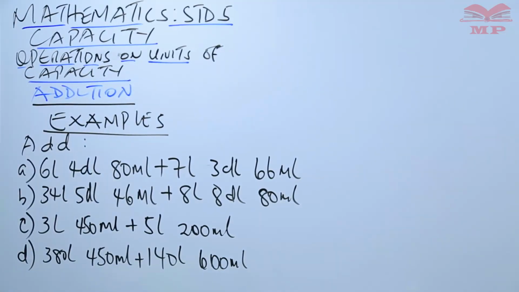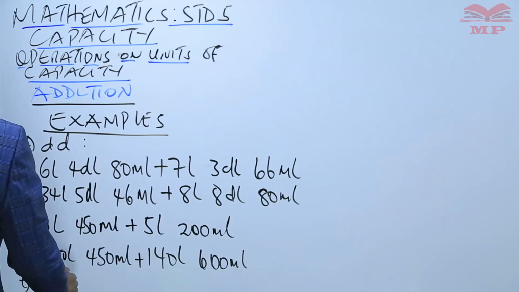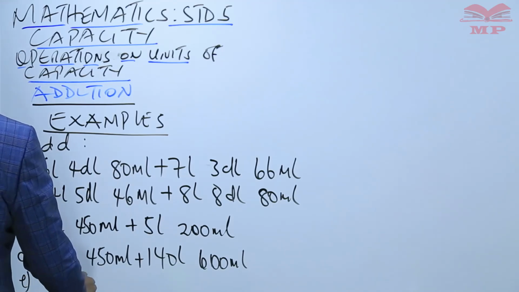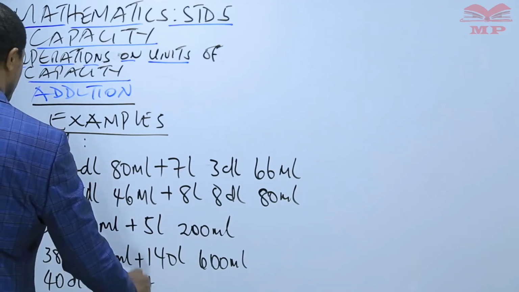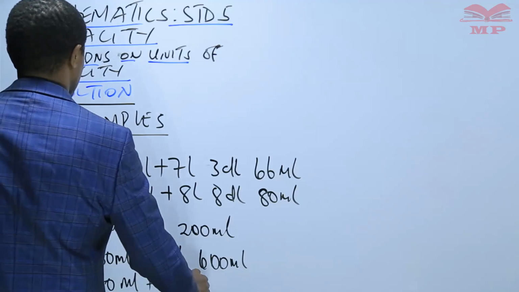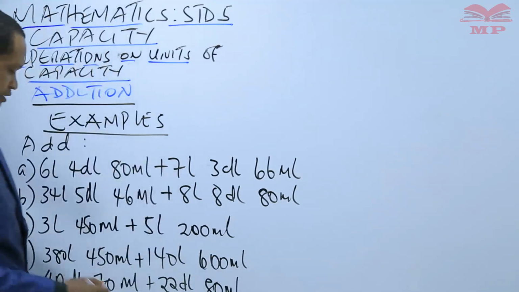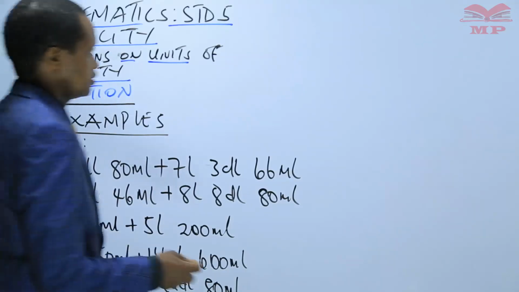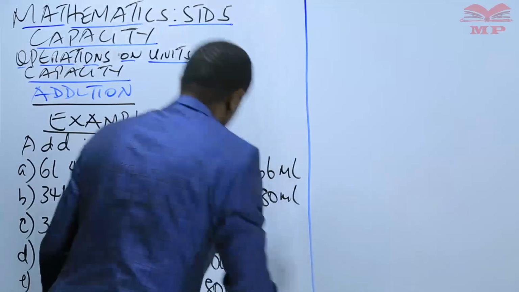Then lastly, we will add 40 deciliters and 70 milliliters to 22 deciliters and 80 milliliters. So those are the examples you are going to have.